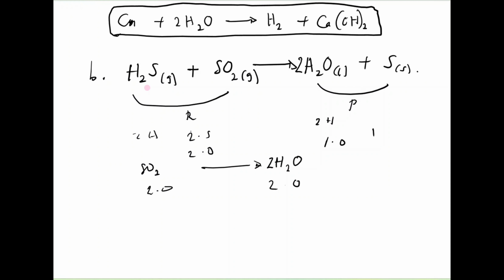Now, what about hydrogen? What happened to hydrogen? We have two atoms of hydrogen in H2S, and that two atoms of hydrogen has become four overall, right? Four atoms of hydrogen are seen here.